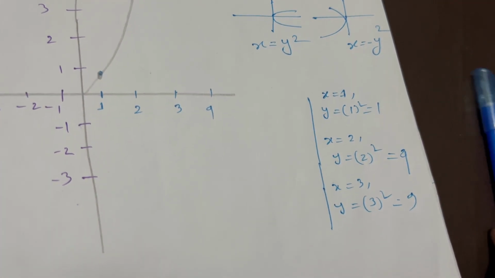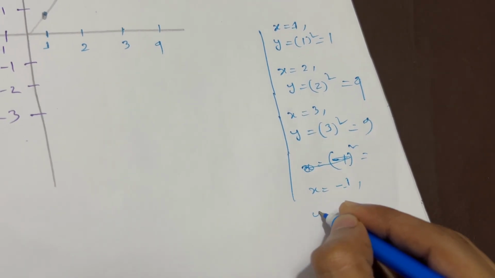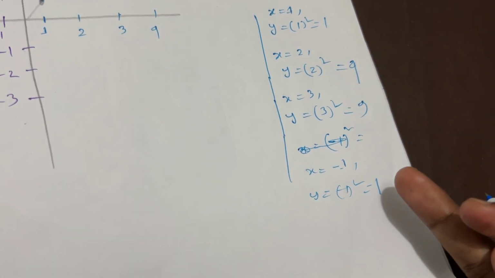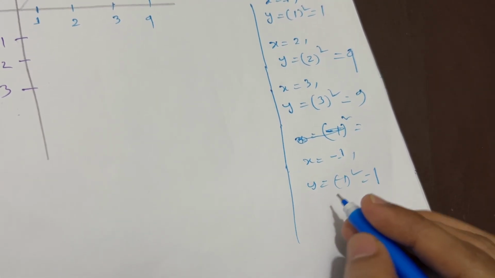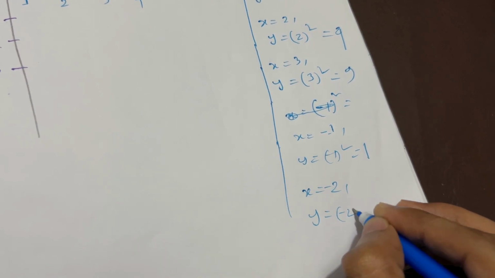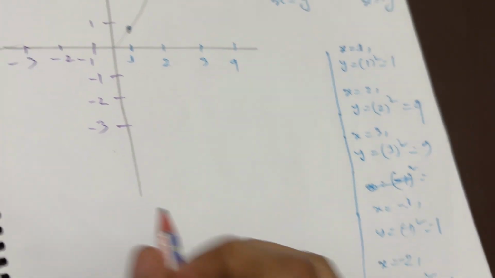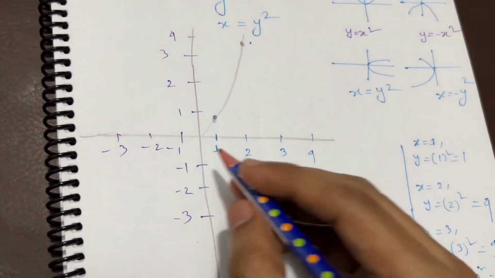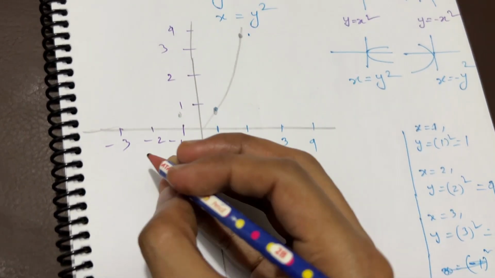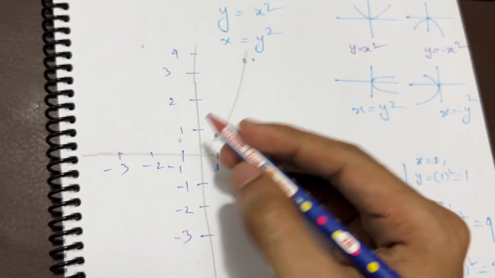And for the negative values as well, suppose x is equal to -1, y is equal to -1 square, which is 1, because anything squared is positive. Similarly, x is equal to -2, y is equal to -2 whole square, which is 4. So if x is equal to -1, y is equal to 1, and if x is equal to -2, y is equal to +4, so it would be here.